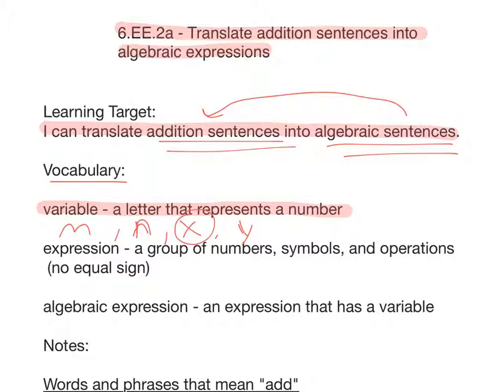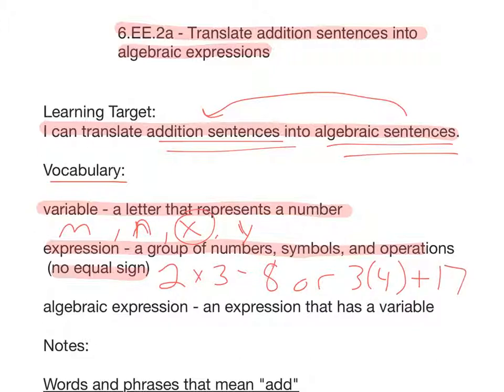Next, you need to know what expression means. An expression is a group of numbers, symbols, and operations. An expression doesn't have an equal sign. So an expression might be something like 2 times 3 minus 8. Or when you write it without the multiplication symbol, 3 times 4 plus 17.